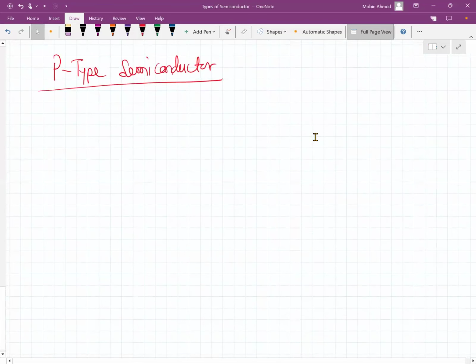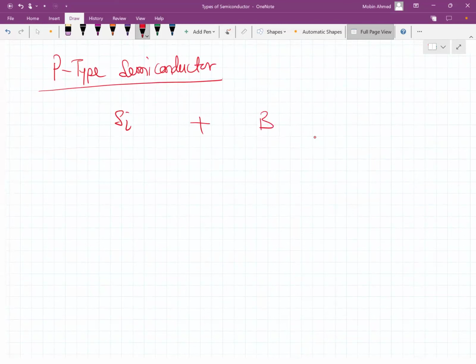Already we have seen silicon and boron. If we take silicon plus boron, in this case silicon has four valence electrons, whereas boron has three valence electrons. So there will be three covalent bonds.